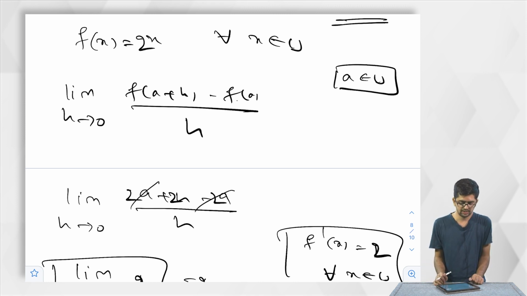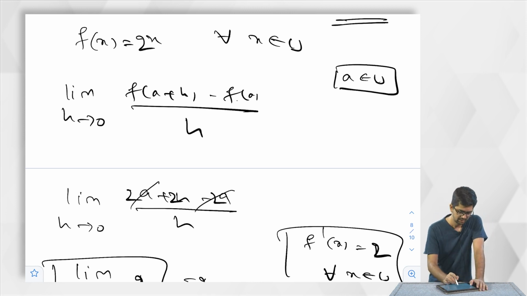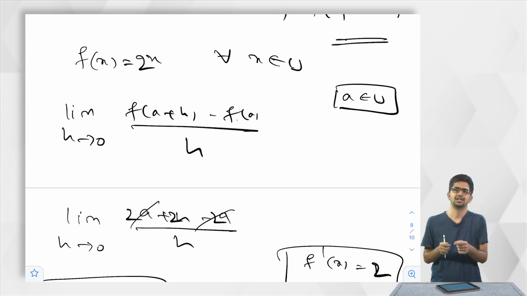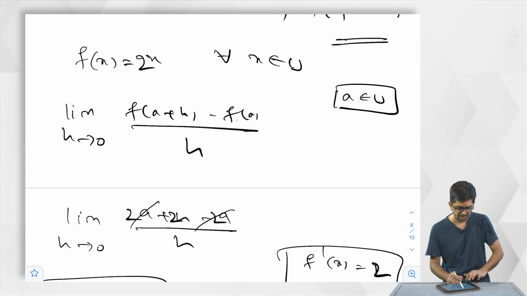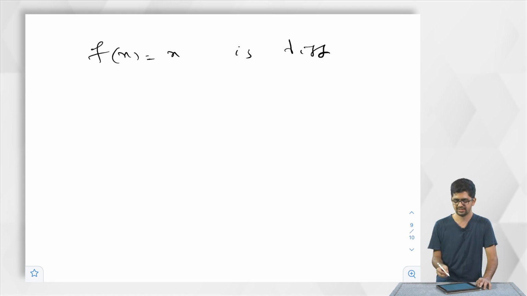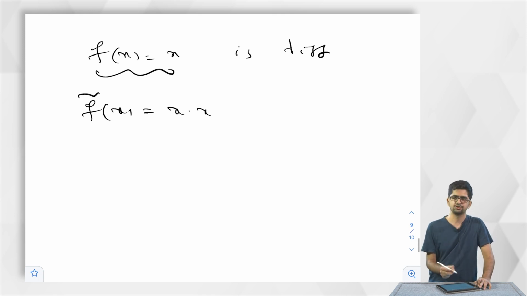Now this is nice. We have already shown before that if I take two differentiable functions, their product is differentiable. Here I have said that f of x is equal to x is differentiable. This we have already said. Now the product of this with itself should be differentiable. So f tilde of x is x times x, which should be differentiable.